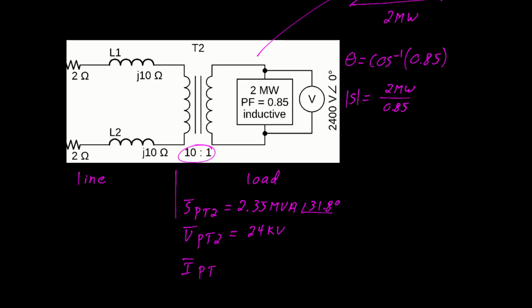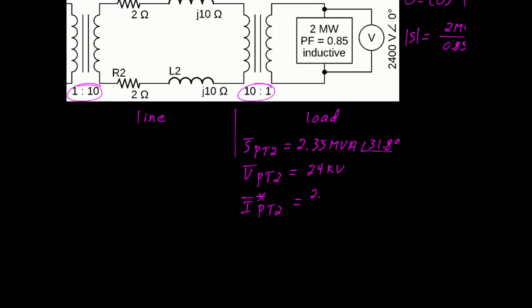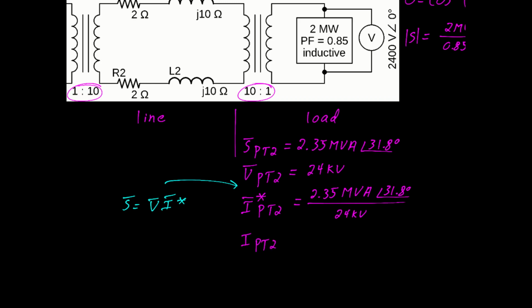The complex conjugate of the current is 2.35 MVA at an angle of 31.8 degrees divided by 24 kilovolts. Remember that the complex power is the voltage times the complex conjugate of the current. Solving for the current on the primary of T2, we find that it's very close to 98 amps at an angle of negative 31.8 degrees.